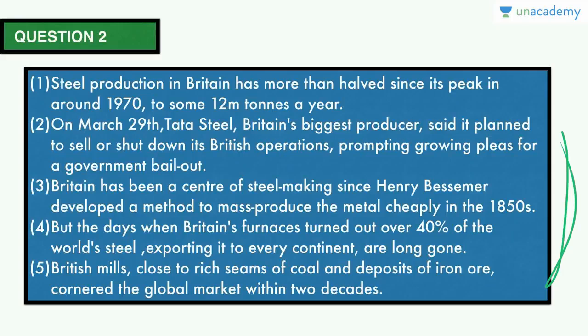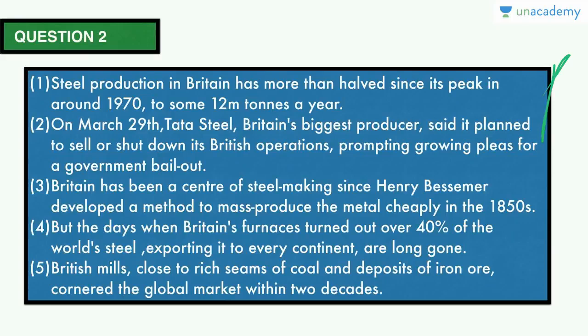You would write such a thing to tell about a recent development and not about overall steel production going down. This paragraph would have been written simply to convey this part, to show the contrast that British steel production was so high and then it declined, and now it has come down to this, that the biggest producer is planning a shutdown. So that is why the paragraph would be written in the first place.